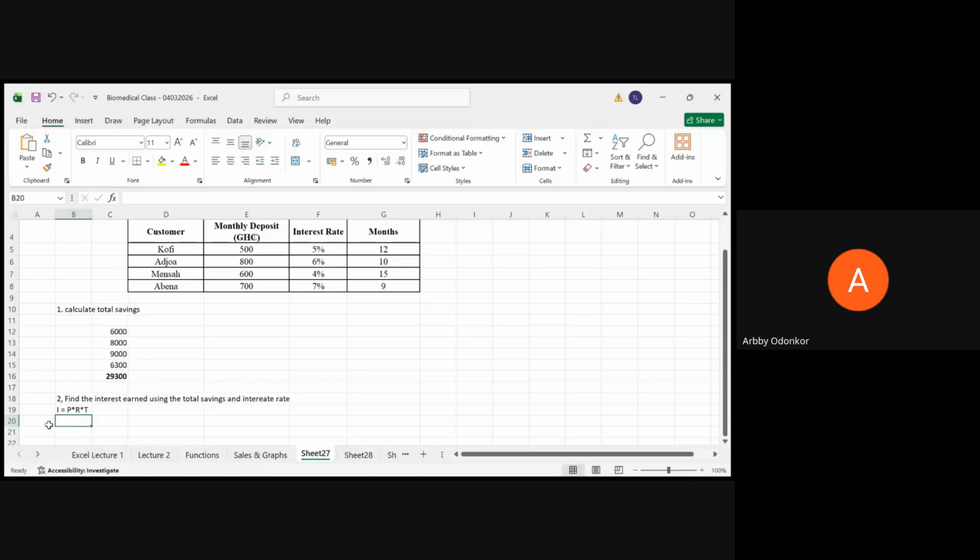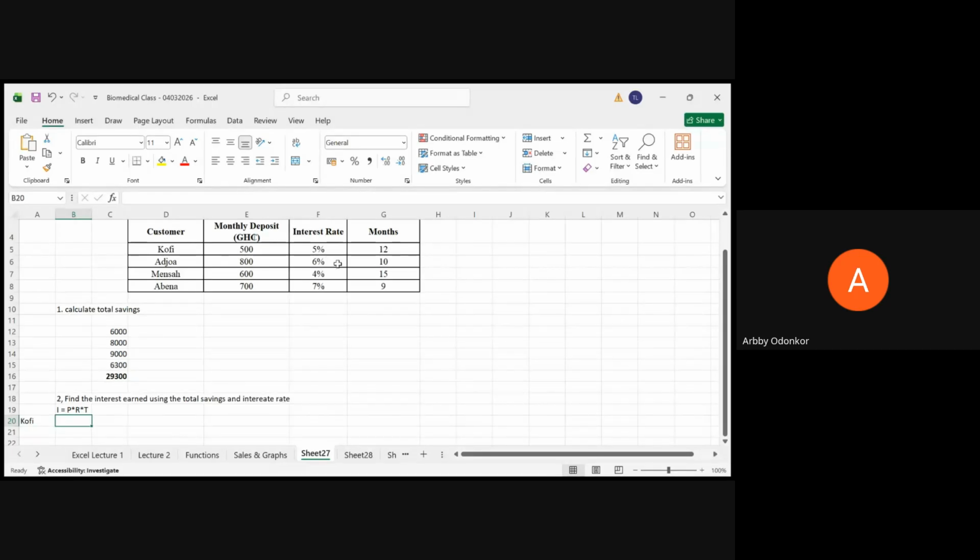So let me put Kofi in this corner here, and I will say that for the interest, the principal for Kofi is 500. What is the interest rate? 5%. And then the time is what? 12 months.